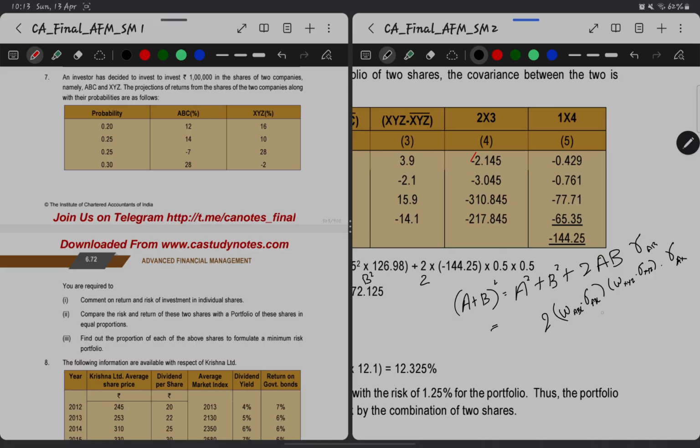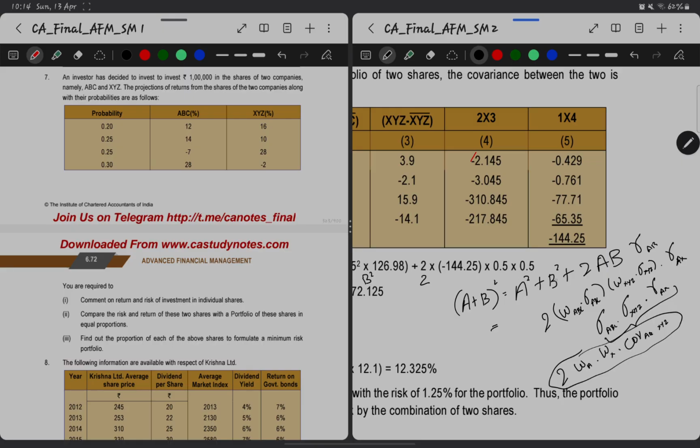So the standard deviation of ABC multiplied by the standard deviation of XYZ multiplied by the correlation of ABC and XYZ will be equivalent to the covariance of ABC and XYZ. So we are left with 2 into weight of ABC multiplied by weight of XYZ multiplied by the covariance.